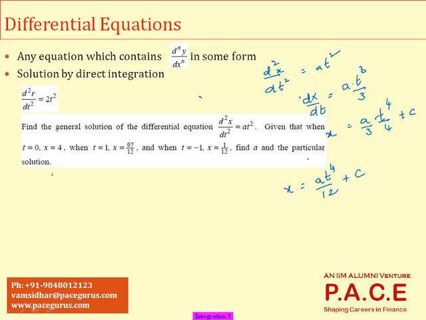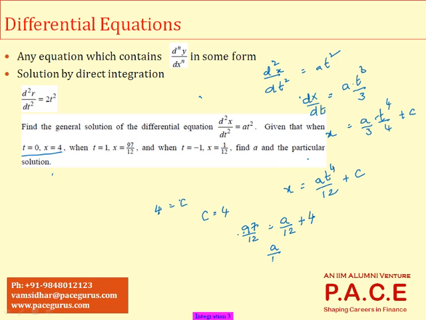Now it is saying some other things. When t equal to 0, x equal to 4. So 4 equal to a t power 4, which is becoming 0, plus c. So c is coming out as 4 in our example. When t equal to 1, x equal to 97 by 12. So all I can say is 97 by 12 is equal to a by 12 plus 4.